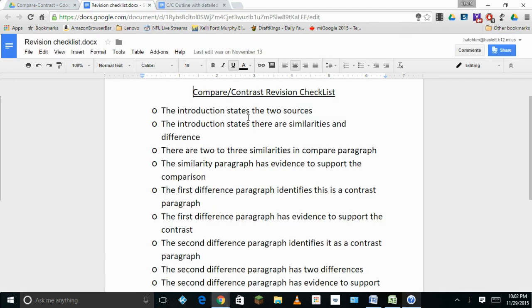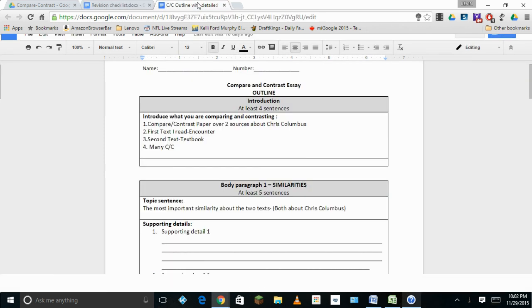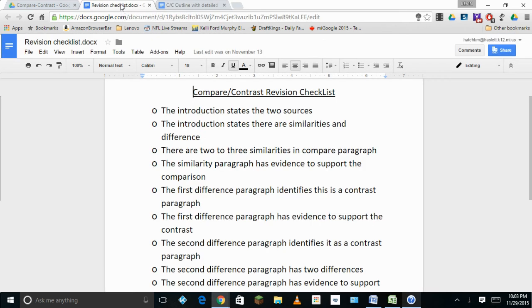If not, then the students can, in their peer revision, or if you're doing this with your student at home, you can make sure that those are in there. The introduction should state that there are similarities and differences. It's not going to state what they are, but it should state that there are similarities and differences, or in this case, what we would call compare and contrasting information. That's another thing that's right there on the outline. If you have that, you can check that off.